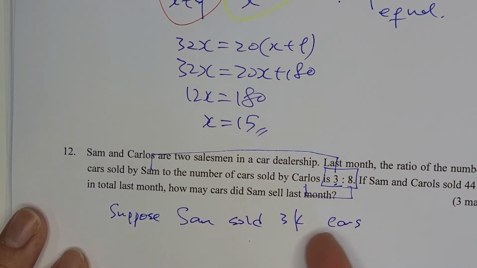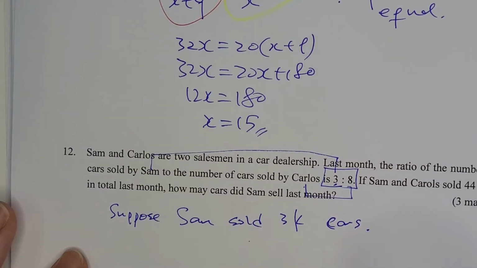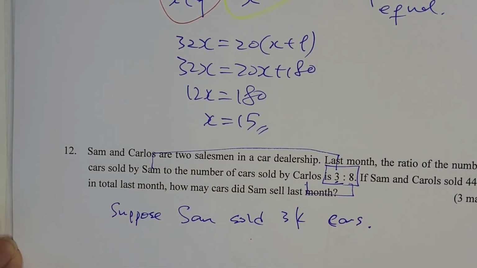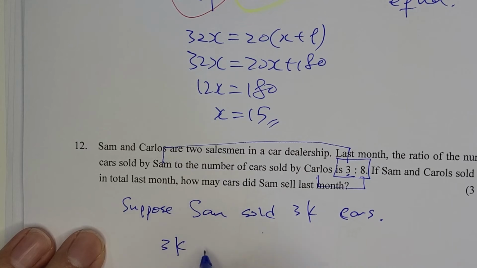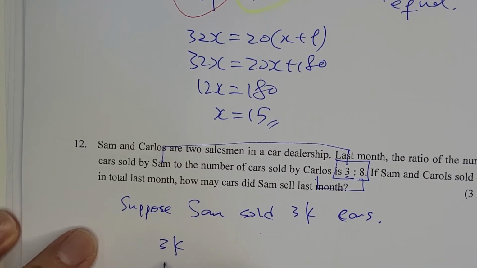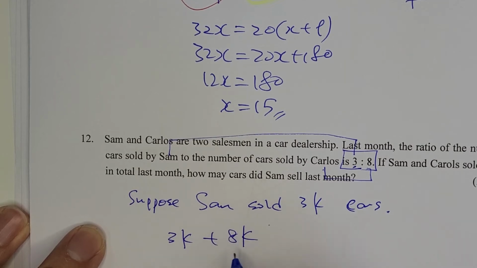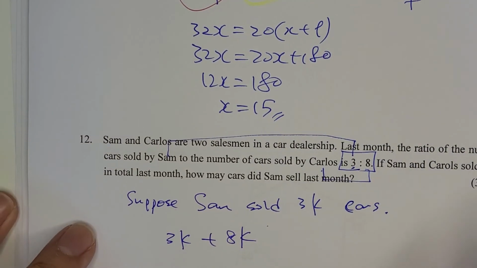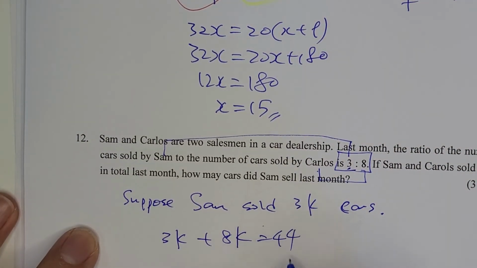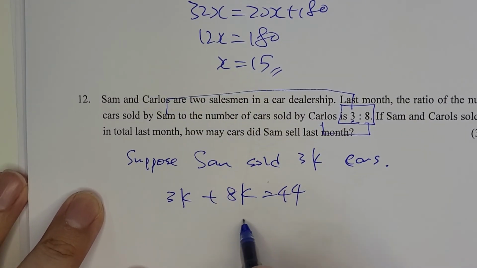We know it's last month, so no need to write down last month. So 3K, that's the number of cars that Sam sold, plus 8K, that's the number of cars Carol sold, equals 44. Then K is 11.